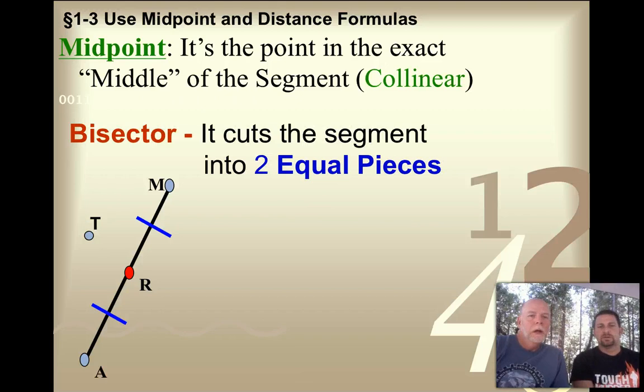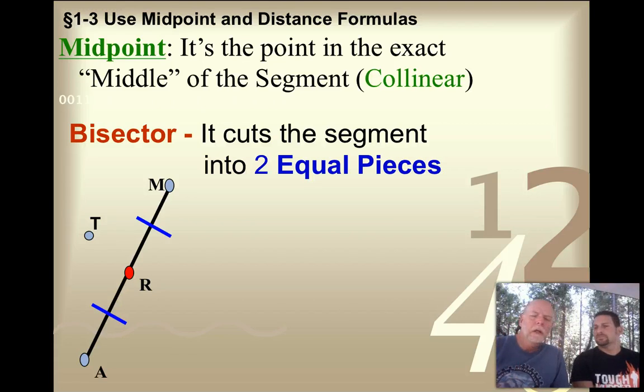These are very similar terms, so you have to make sure you understand the difference between them. A bisector is some other thing. A segment, a line, a ray that hits that midpoint, that cuts the segment into two equal pieces. Typically it's those three.